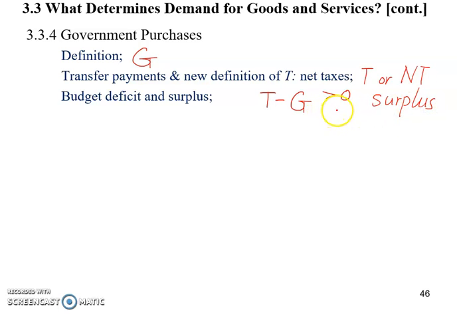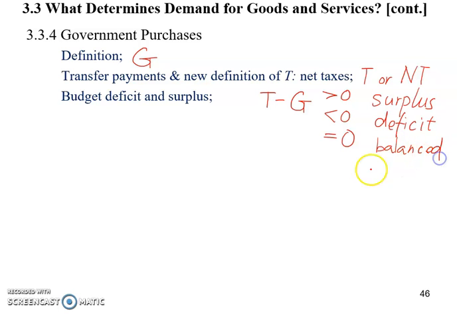If it's less than 0, that means the government spends more than what it collects. This is a budget deficit. Right now we see the U.S. federal government, year by year, running a huge budget deficit. If it equals 0, that means the taxes are just equal to government purchases. So this means the government is running a balanced budget.